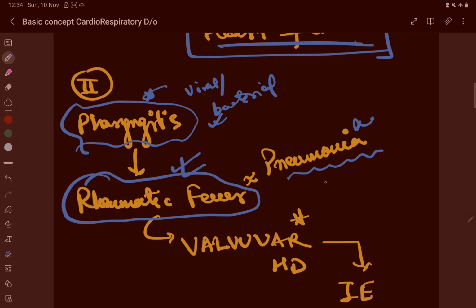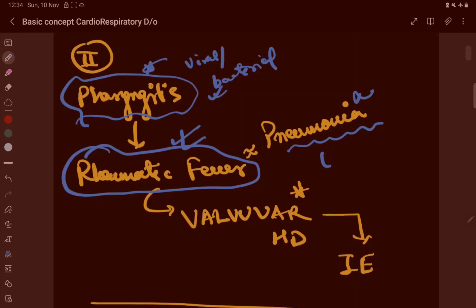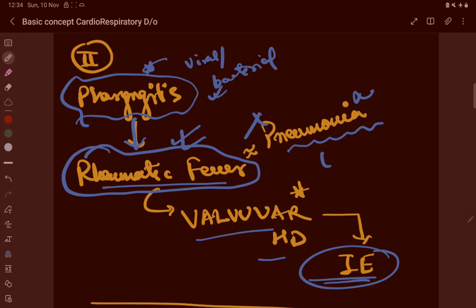Obviously in rheumatic fever there is valvular heart disease which causes infective endocarditis. So there is a relation. How pharyngitis causes rheumatic fever, forget about the pneumonia right now, rheumatic fever, and ultimately causes valvular heart diseases, the valve diseases, right? And then it causes infective endocarditis.